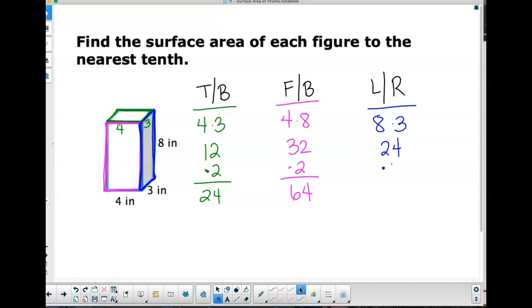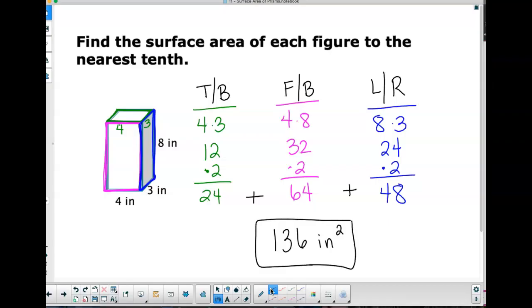So we're going to multiply by 2, and we get 48. Last step is to add all of that together. 24 plus 64 plus 48. What do you get? 136 inches squared.